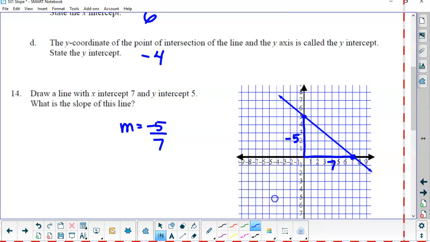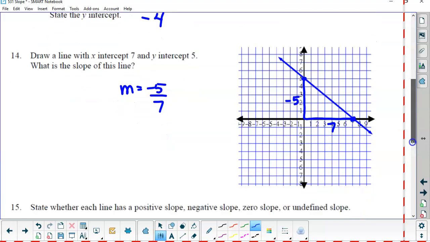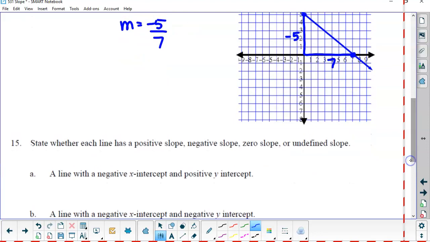So you're just really taking the ratio of the intercepts and changing the sign. We can then graph these if we wanted to, but hopefully we'll be able to figure it out.